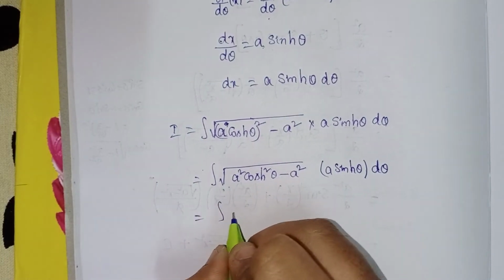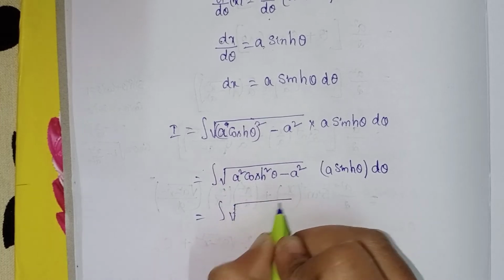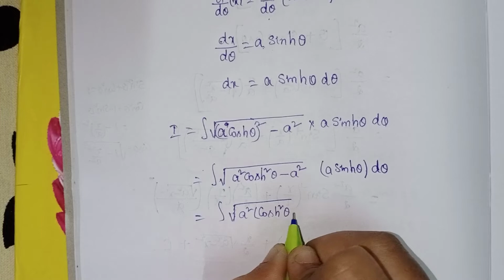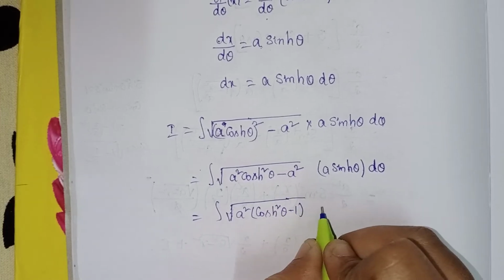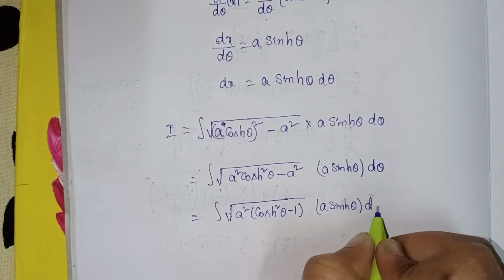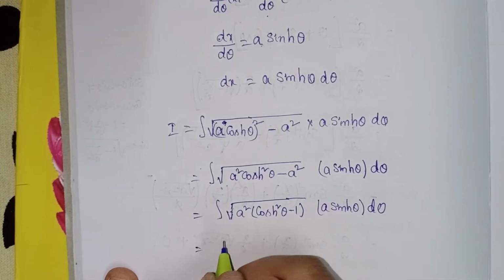Integral of square root of a square common, beta, cos h square theta minus 1, into a into sin h theta d theta.